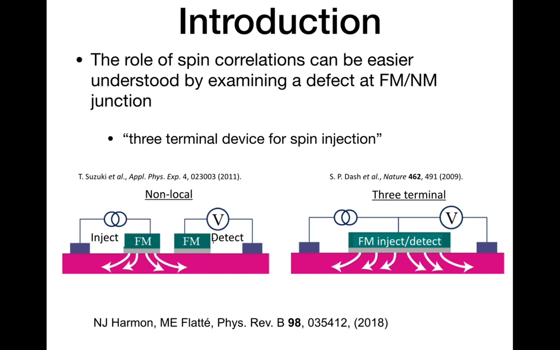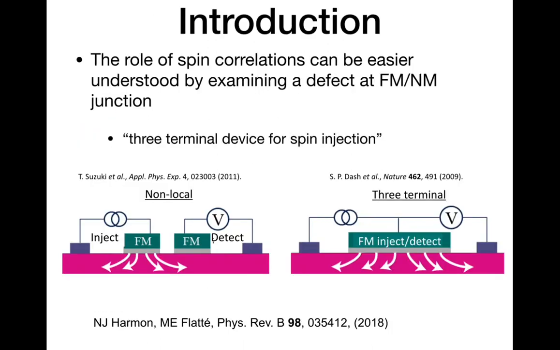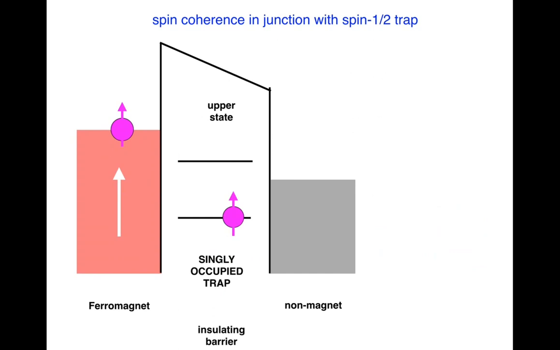And it turns out that in many cases what is being thought of as the Hanle effect is not the Hanle effect, but instead is a magnetoresistance effect due to a defect situated in this layer here between the two electrodes. So let's go through how that defect can modify the current when you apply a magnetic field, which will mimic this Hanle effect.